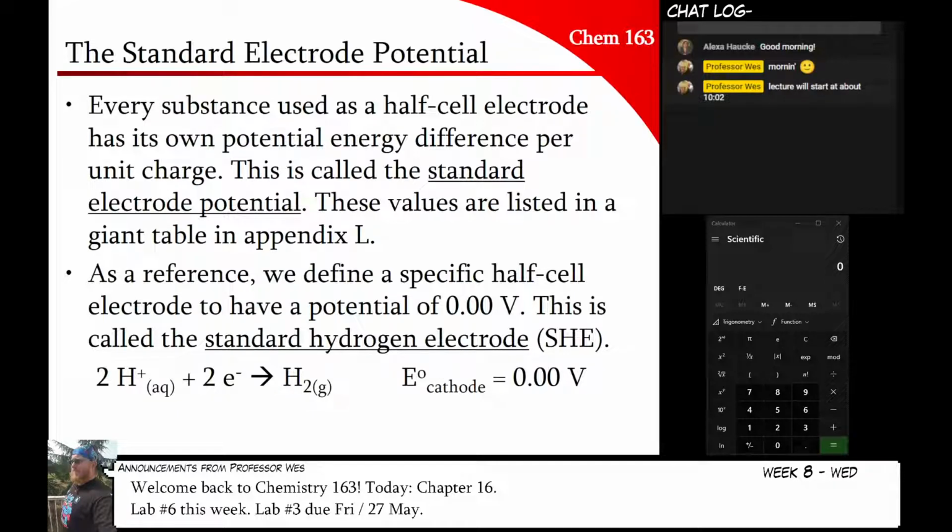Now, does this process generate energy or consume it? Well, the answer is it doesn't really matter, because E for these reactions is going to be kind of like internal energy in thermodynamics, where you can never know its value, but you can know what changes of it are.